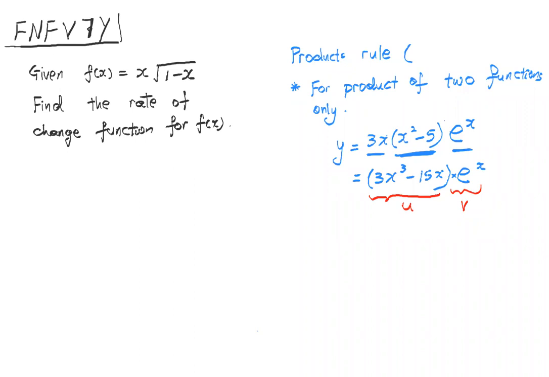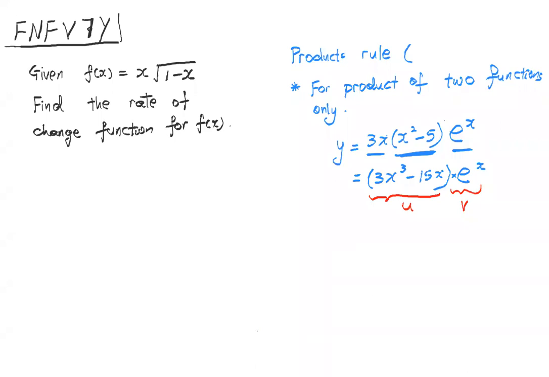Let one of the functions be u, another function be v. Why do we put the front one u and the back v? Have you ever asked? Because you go by alphabetical order. That is how people do things.